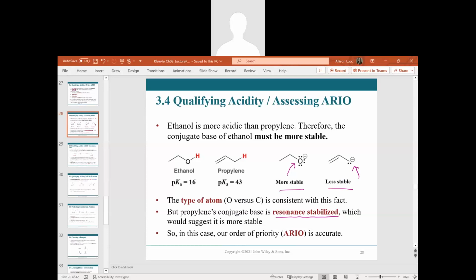But in this case, we actually see that ethanol is more stable. But if we prioritize atom before resonance, so the order that we see ARIO is the order that we should make these considerations. So the atom wins here over the resonance stabilization.